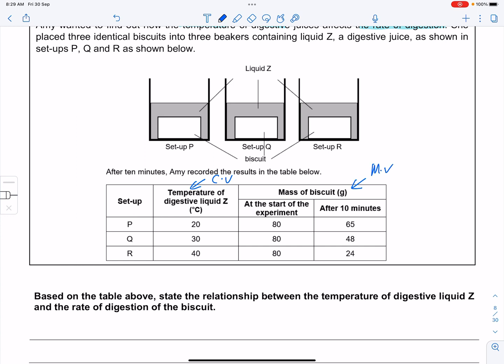Now this is something new that I would like to point your attention to. Sometimes the measured variable is a proxy of something else that you want to find out. Proxy means representation, because certain things that you want to find out cannot be directly measured. For example, rate of photosynthesis.